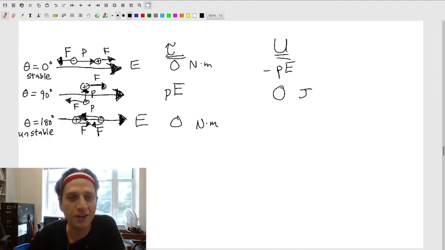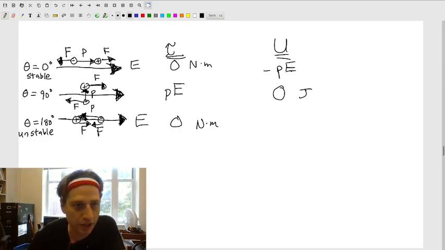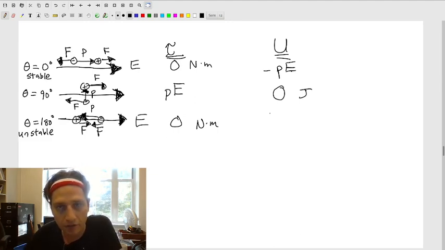Remember, it's a little tricky to think about, but torque also has units of energy because it's force times distance. Okay, now I could also have a higher energy orientation, so that's when my dipole is oriented opposite the electric field. So there's your P times E.